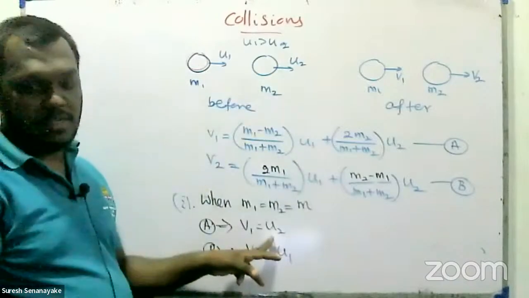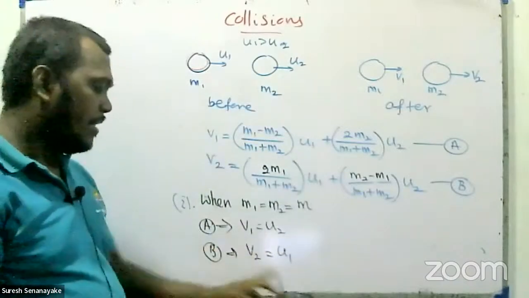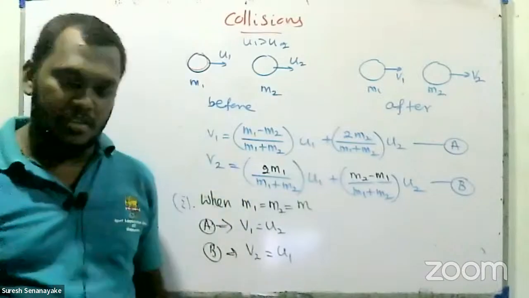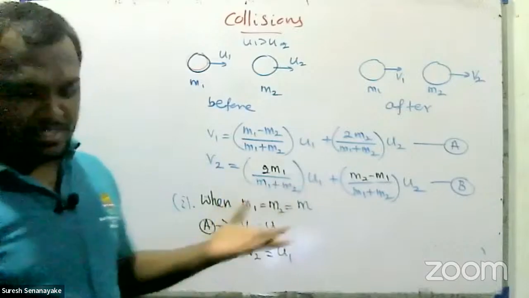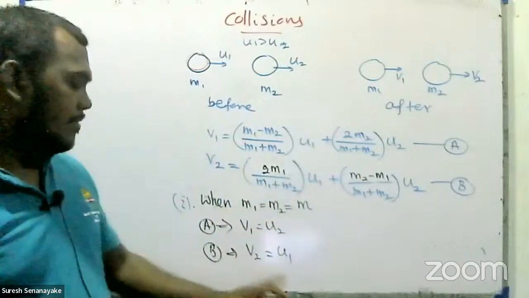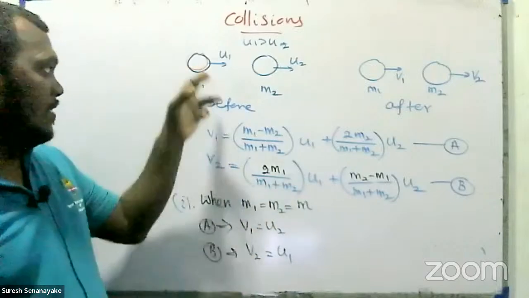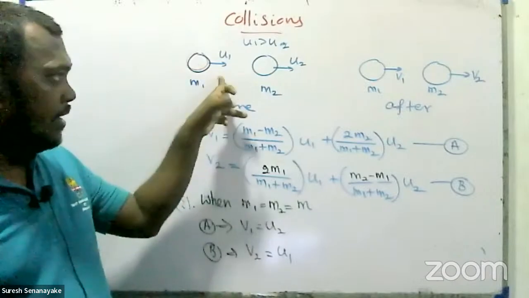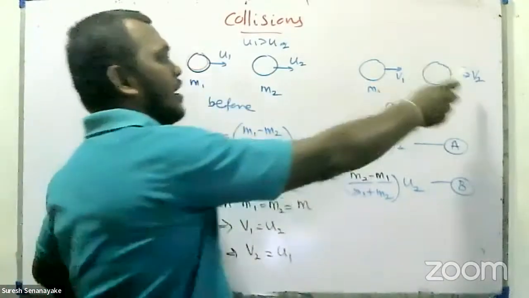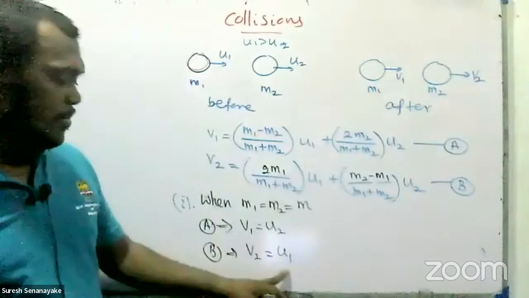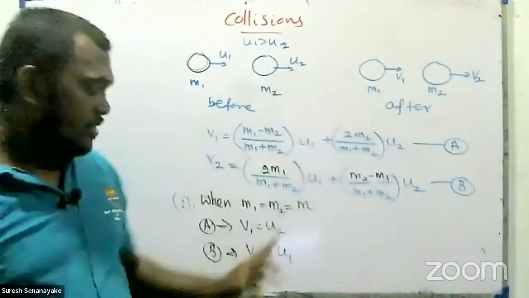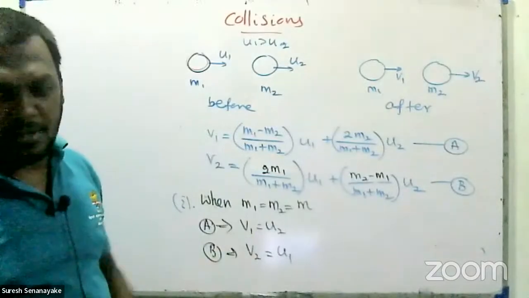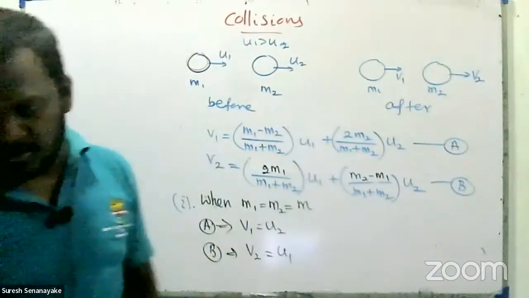If two masses collide elastically, their velocities are exchanged. This one has the velocity v1, and then the second body has that velocity after the collision, and the second body's velocity goes to the first. The velocities are exchanged.